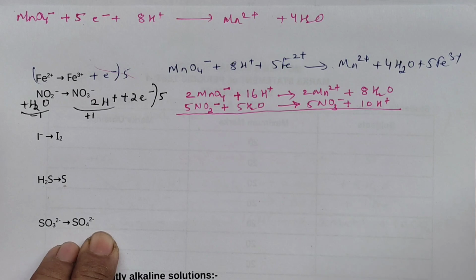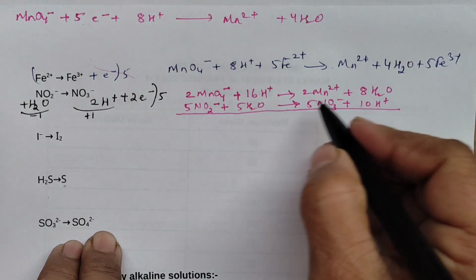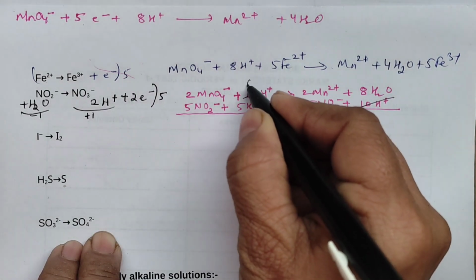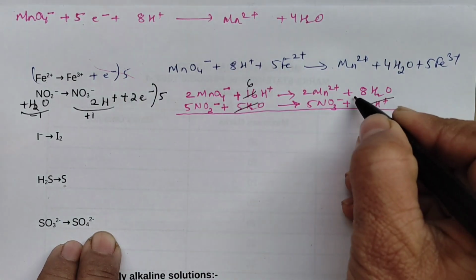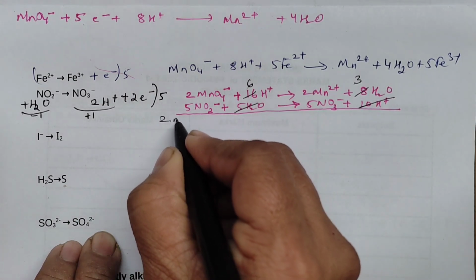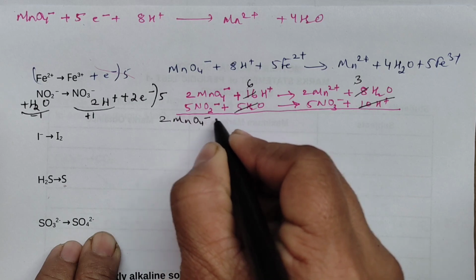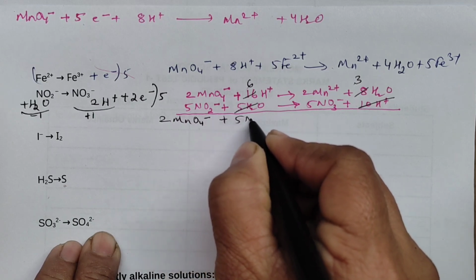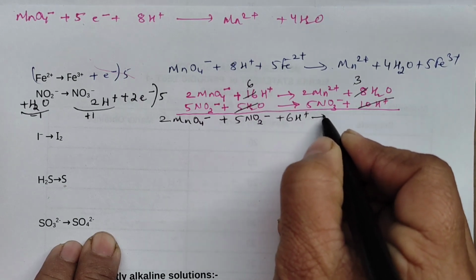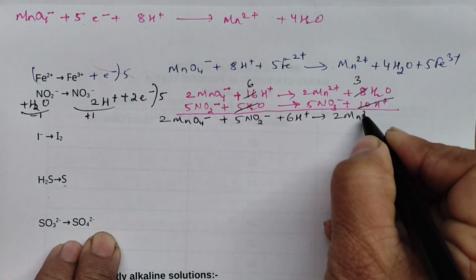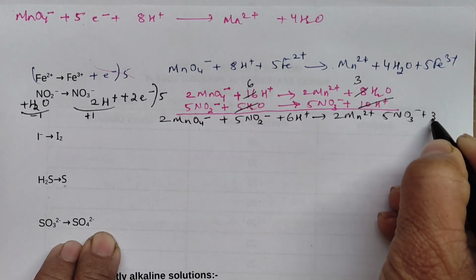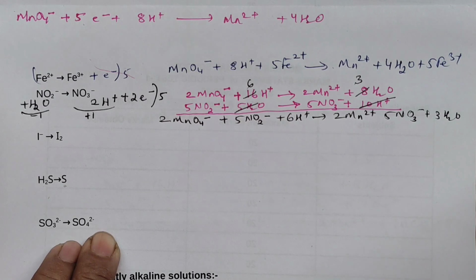When you are adding it, this will be cancelled and you are left over with only 6 on this side. This will be cancelled, you are left over with only 3. So your equation becomes 2 MnO4 minus, plus 5 NO2 minus, plus 6H plus. It will give you 2 Mn2 plus, plus 5 nitrate ion, plus 3 water. That's it. This is done now.